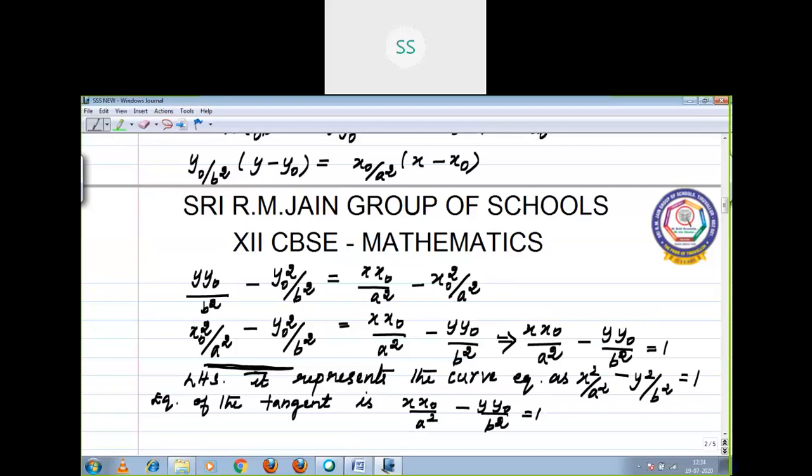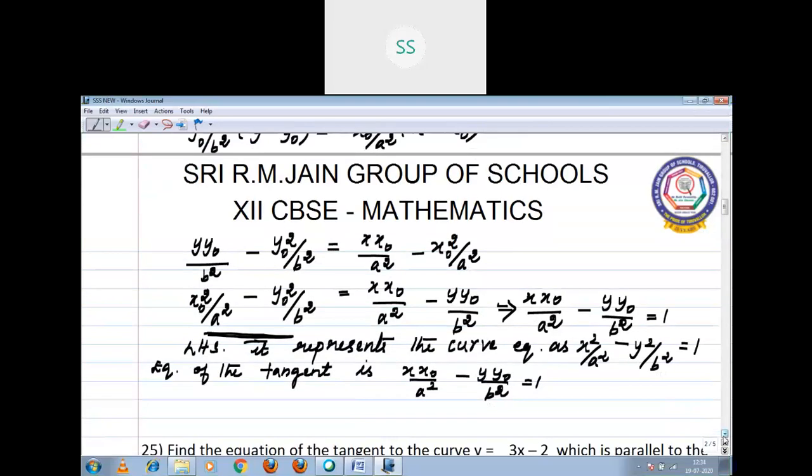Now I want to find the equation of the normal, right? First you should find out what is the slope of the normal, right? What is the slope of the normal? Slope of the normal, that you know, the reciprocal, right? Slope of the normal equal to minus a square y naught by b square x naught.